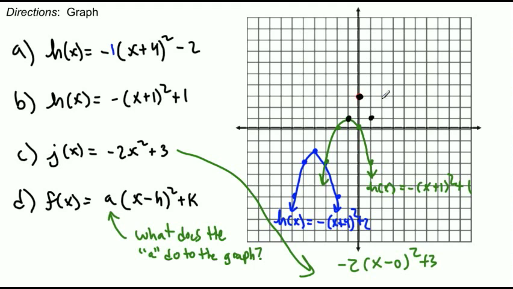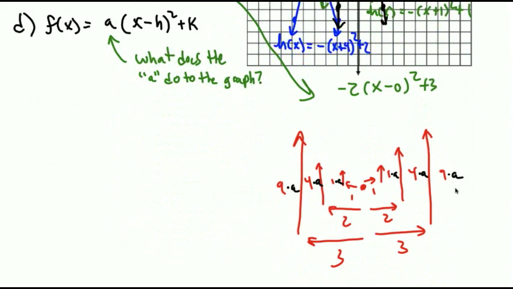So now it's 4 times -2, which is -8. 1, 2, 3, 4, 5, 6, 7, 8. So now this guy is going to look like so. And that's going to be my j of x equals negative 2x squared plus 3.